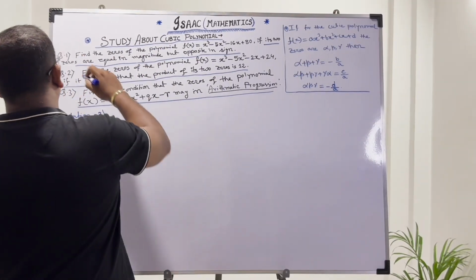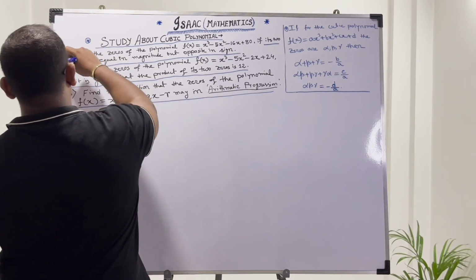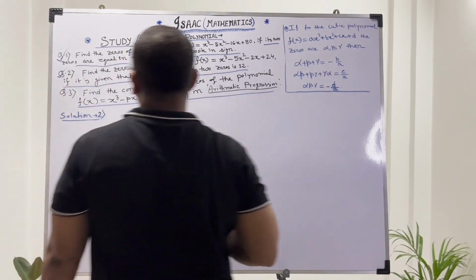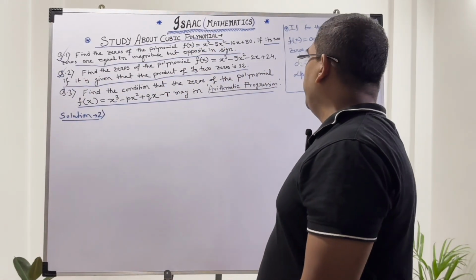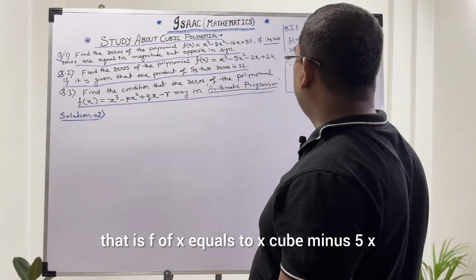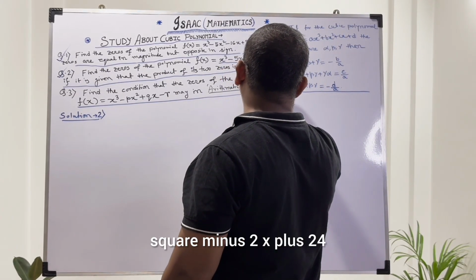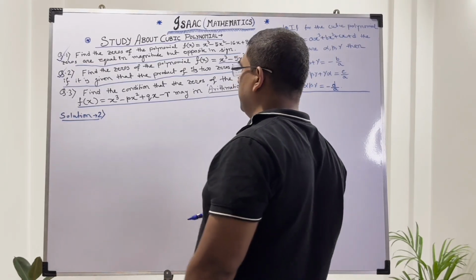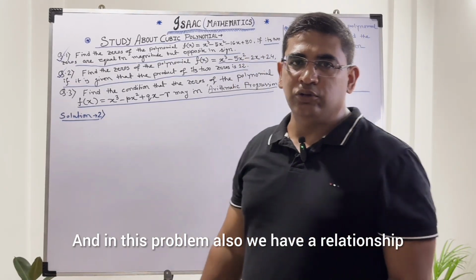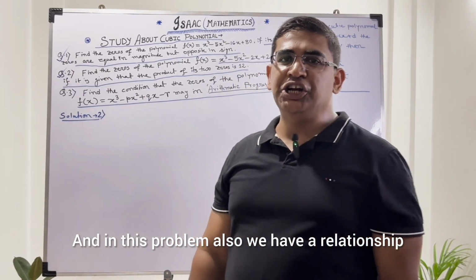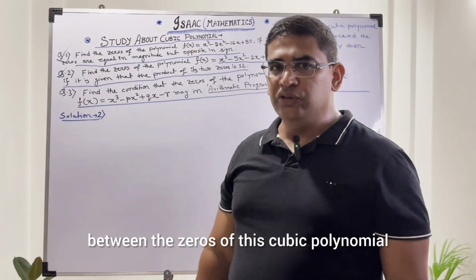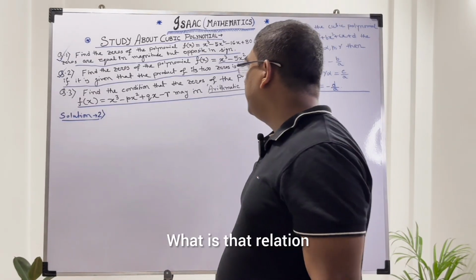So in problem 2, we have a cubic polynomial, that is f of x equals x cube minus 5x square minus 2x plus 24. And in this problem also we have a relationship between the zeros of this cubic polynomial. What is that relation?